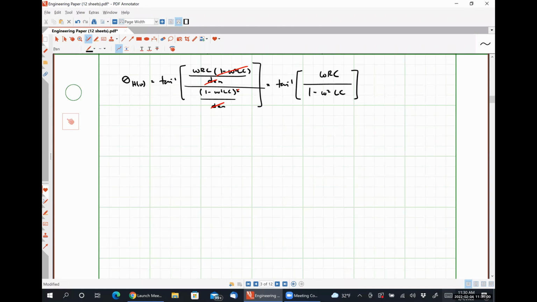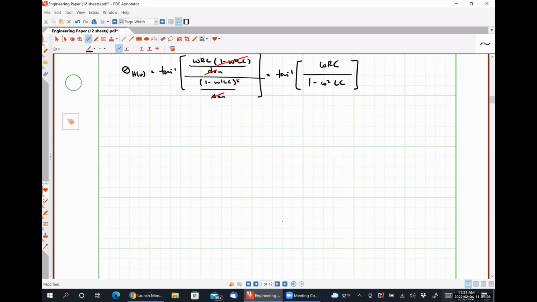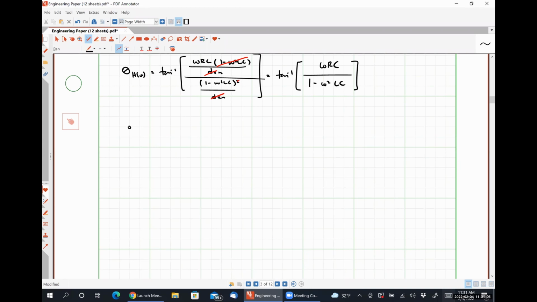So without going through the full derivations and all that kind of stuff, I want to ask you guys for this circuit: here's our resistor R, here's our inductor j omega L, and here is our capacitor having an impedance of 1 over j omega C. This is Vin.